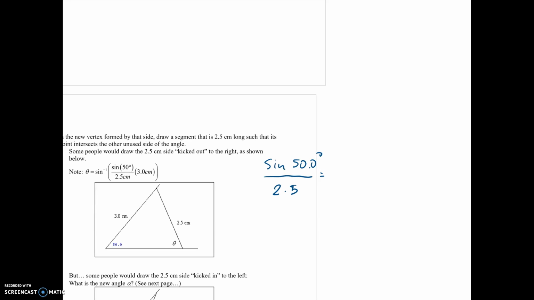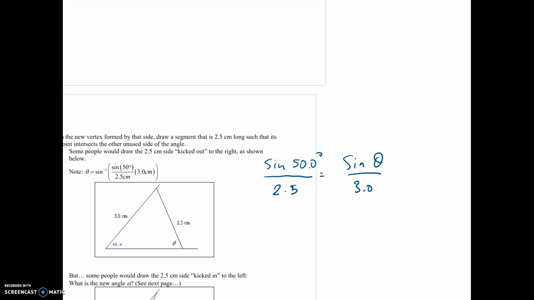That should help you to figure out how to find the expression of the angle theta by using your law of sines. In your law of sines, you know that sine of the angle 50.0 degrees divided by 2.5 equals sine of your angle theta divided by 3.0.